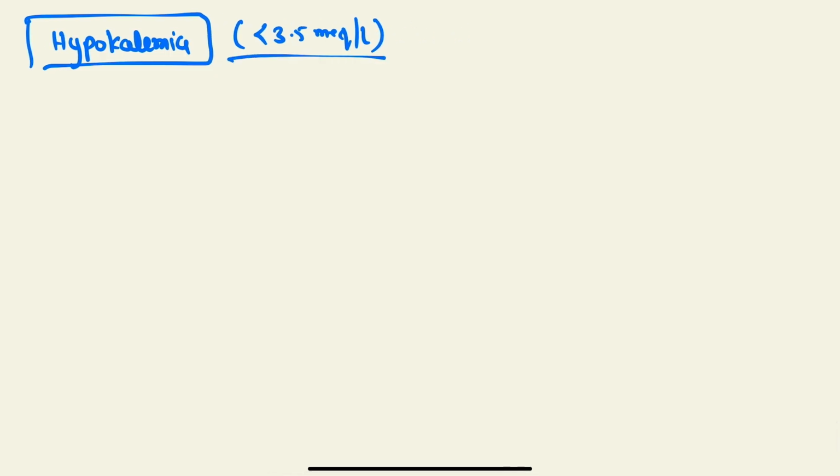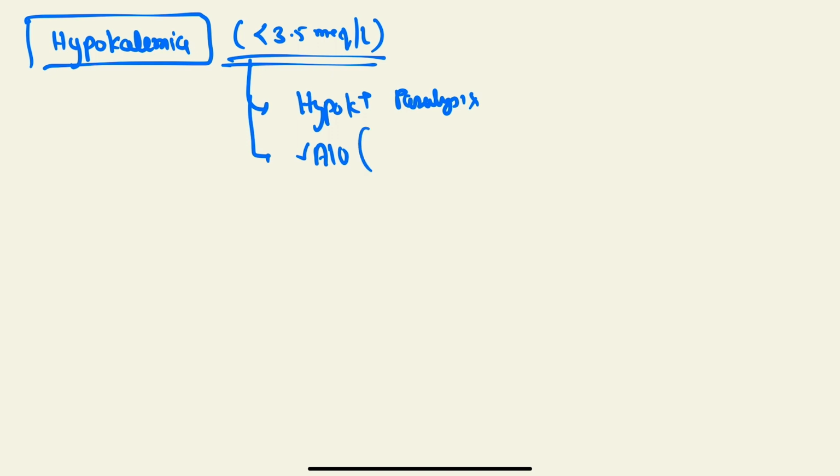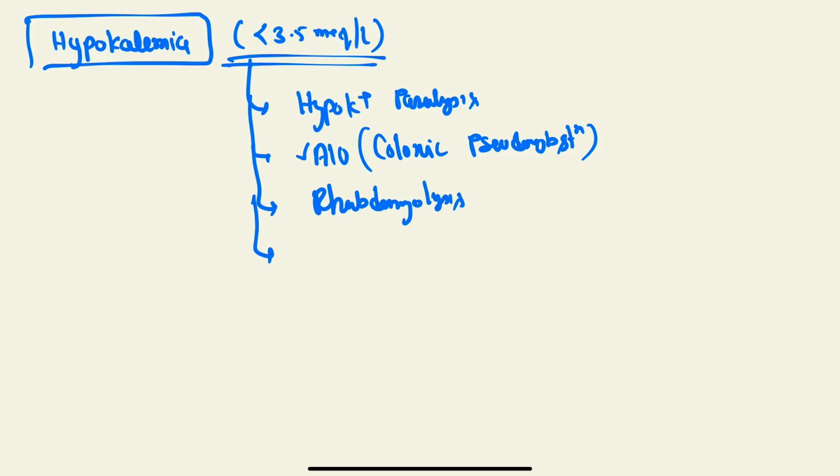A patient with hypokalemia can present in different ways, like hypokalemic paralysis, an ileus-like presentation, also known as colonic pseudo-obstruction, rhabdomyolysis, and arrhythmias.